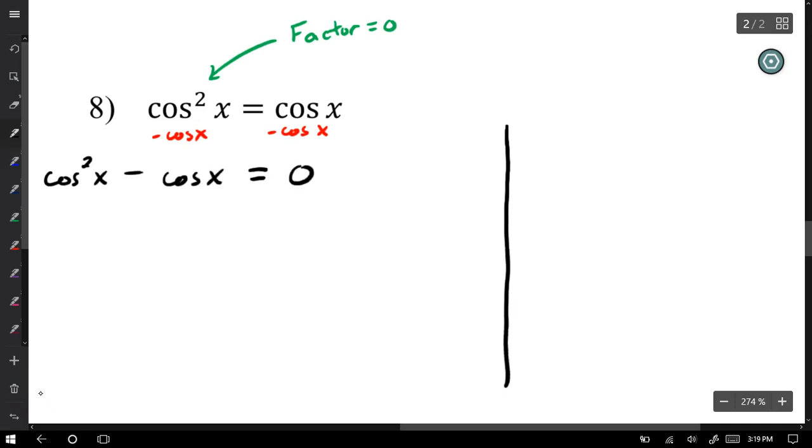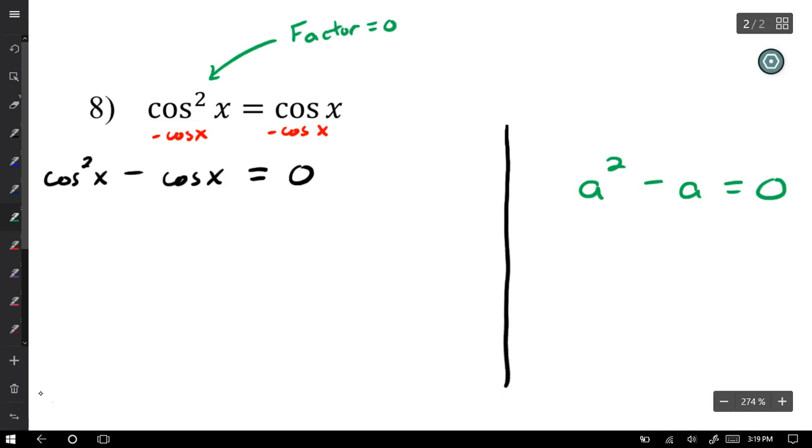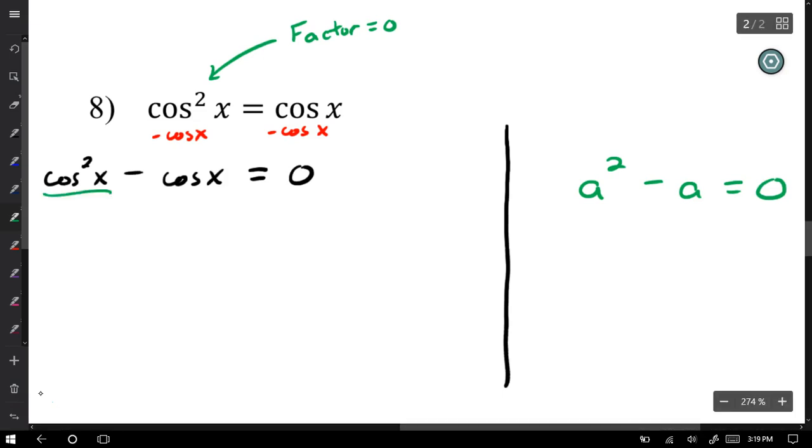Now, how do I solve this? At some point, your factoring skills need to improve when you're dealing with trig ratios. One of the easy ways to improve is to think of your cosines as variables. So I'm going to replace cosine of x with a, and I'm going to do the problem on the right side.